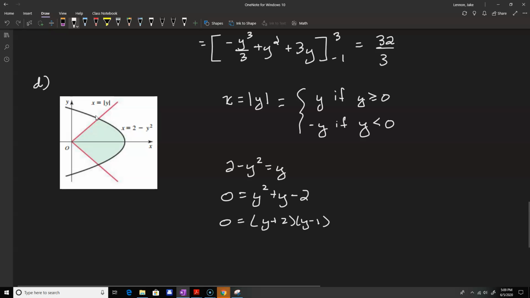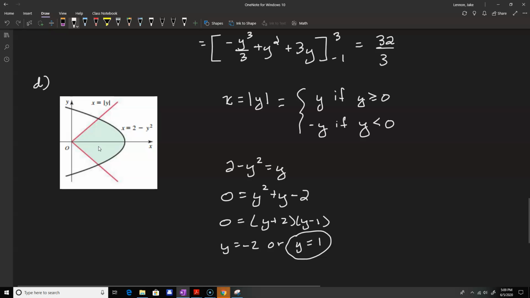The y value we're looking for up there is clearly the positive one, so we're only taking that value. So y equals -2 or y equals 1. From the graph, clearly it's the positive of those two. So we know y is equal to 1. And then from the symmetry of the graphs, we know y equals -1 will be the other limit point.